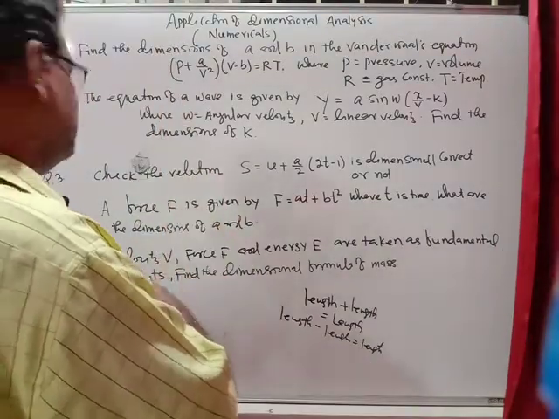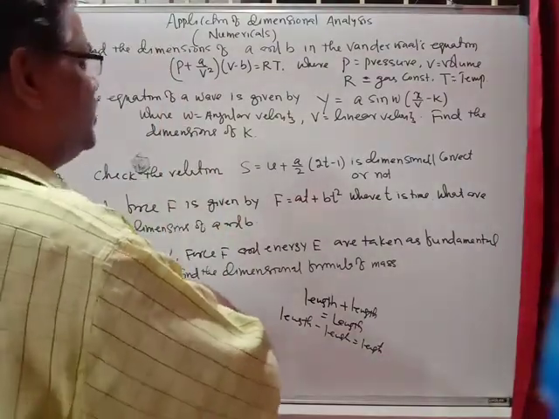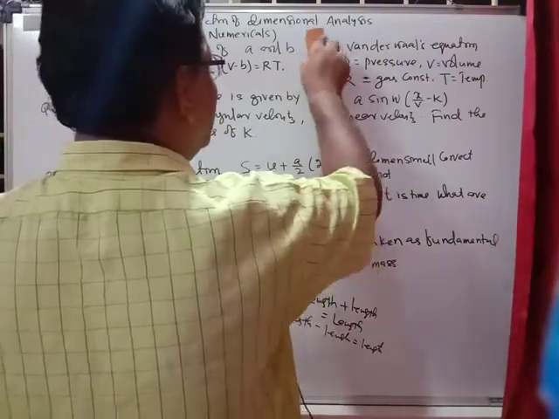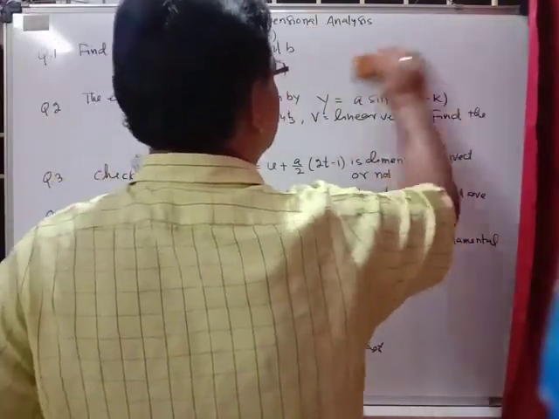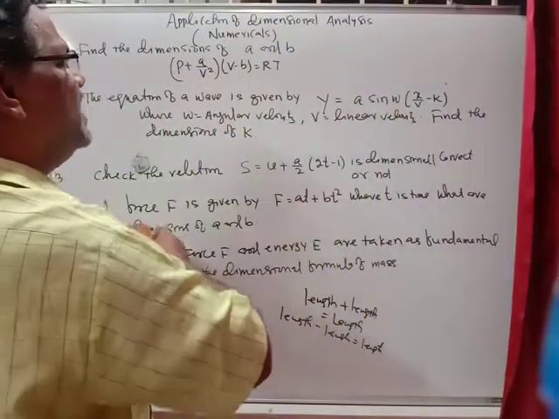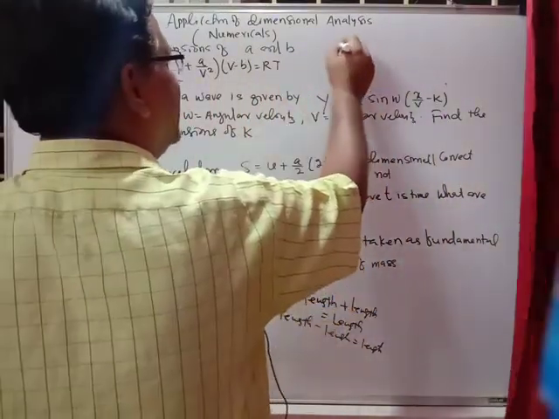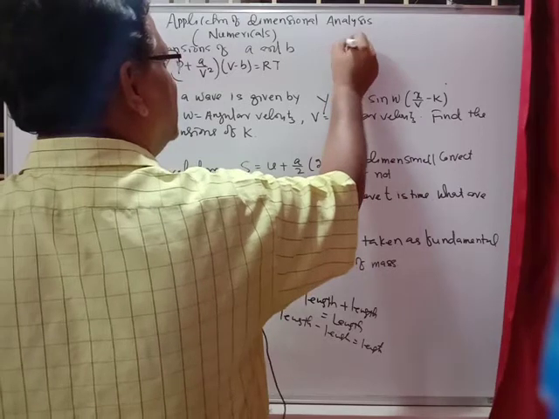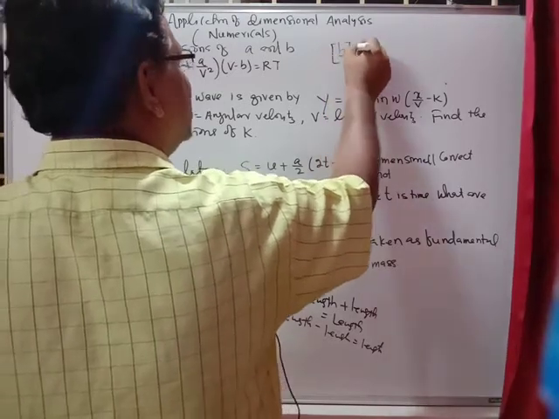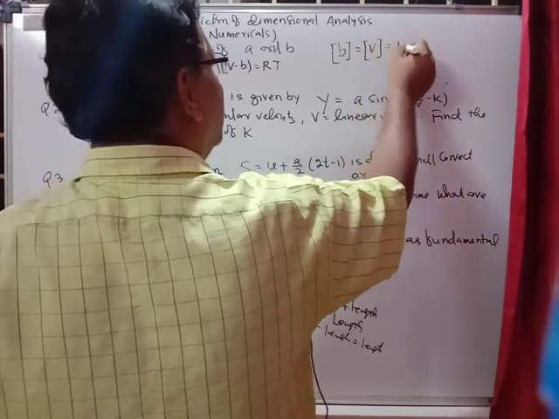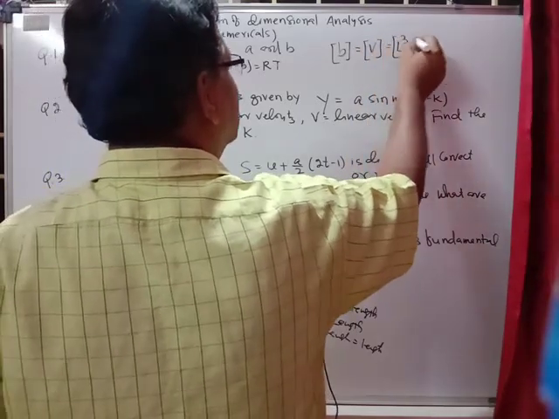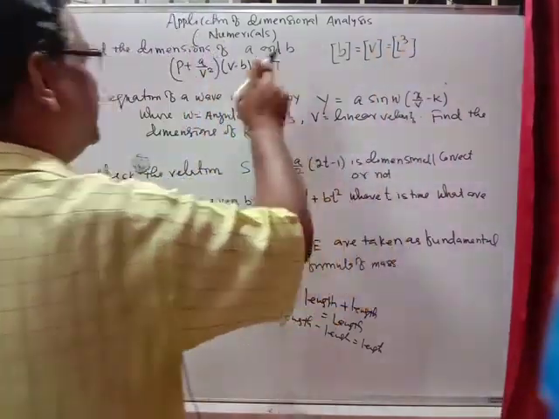So what will be the dimensional formula of B? Directly you get that the dimensional formula of B is the dimensional formula of volume, which is L cube. The dimensional formula of B you get.